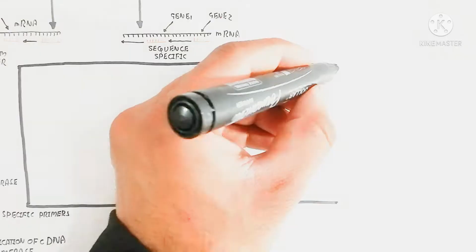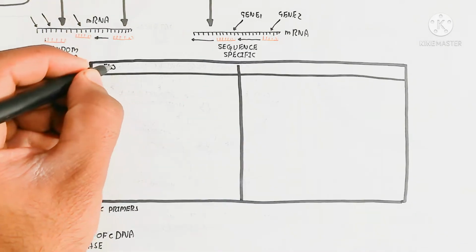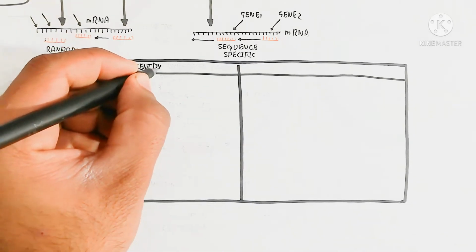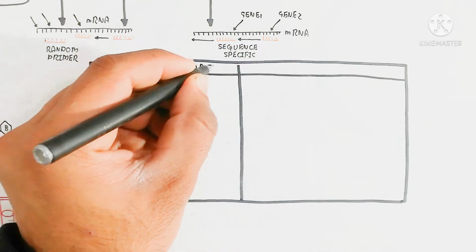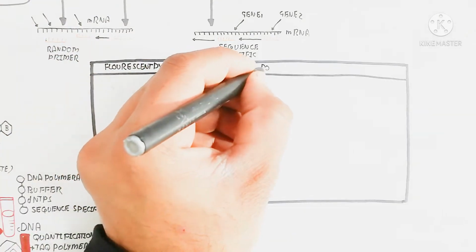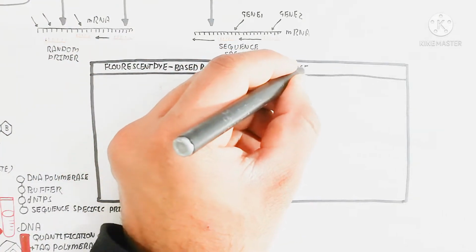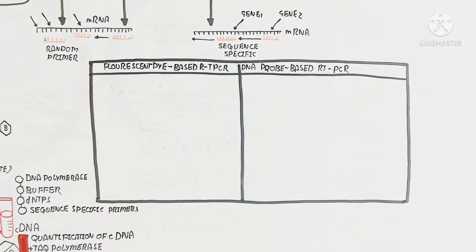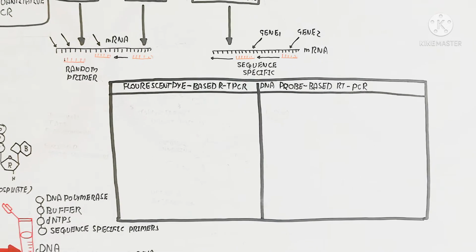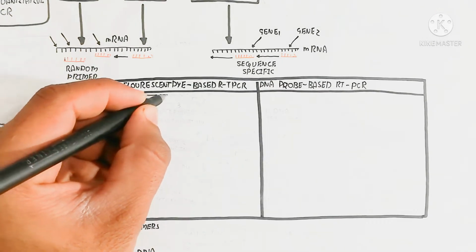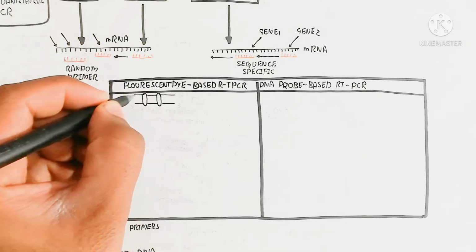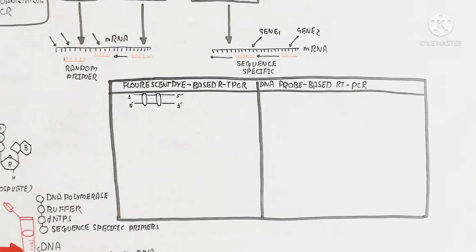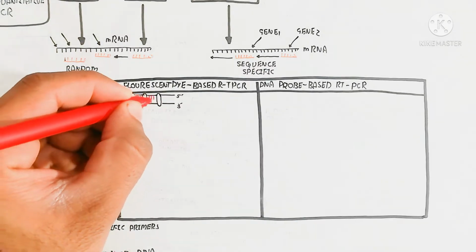So let's begin to understand the two types of polymerase chain reaction: the fluorescent dye-based real-time PCR, and the DNA probe-based real-time PCR. After the reverse transcription, it is used for detection of the specific gene.